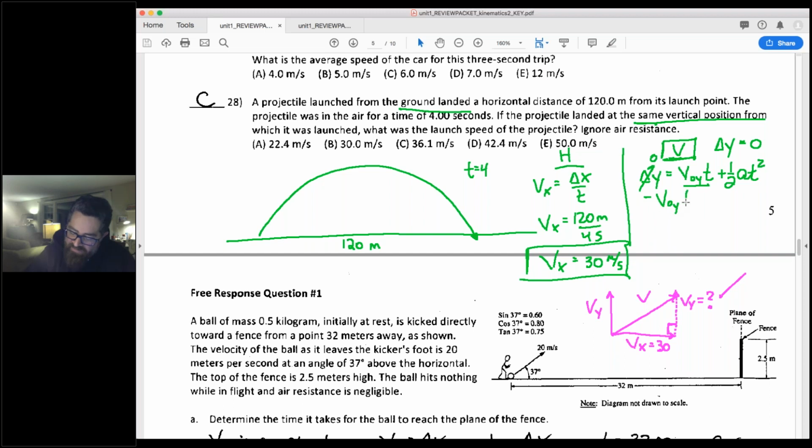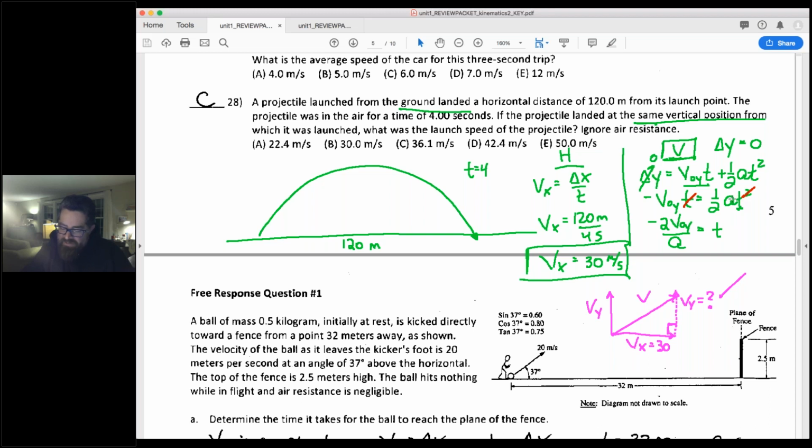I get negative V0y t is equal to 1/2 a t squared. Notice that one of the two t's on the right cancels out with the t on the left. And now I can solve this for t, and it becomes negative 2 V0y over a is equal to t. No square root in this case.